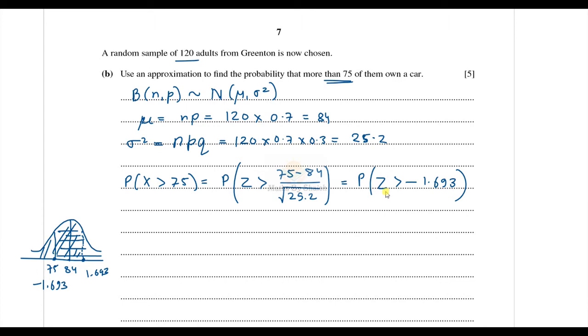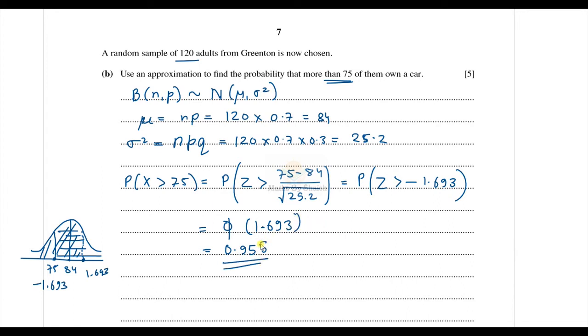So probability of z greater than minus 1.693 is simply phi of 1.693, which is 0.955. It is from the phi table.